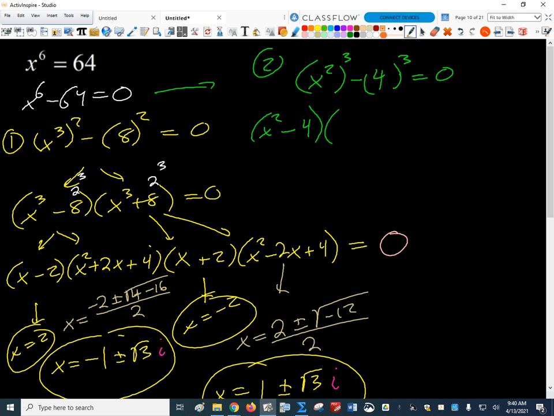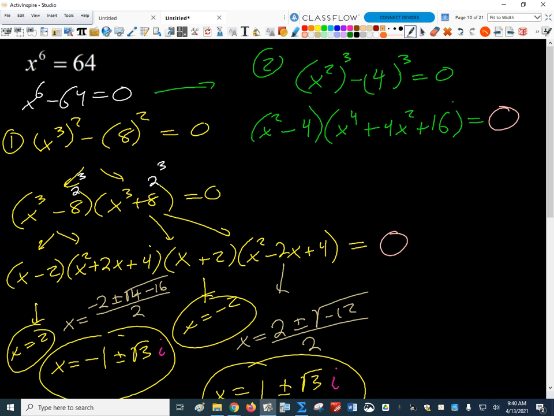I'm going to get a squared, that's x to the 4th, plus ab, 4x squared, plus 16 equals 0. That's kind of ugly, isn't it? Right?